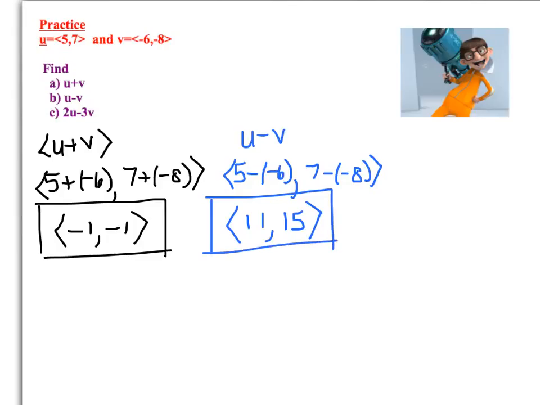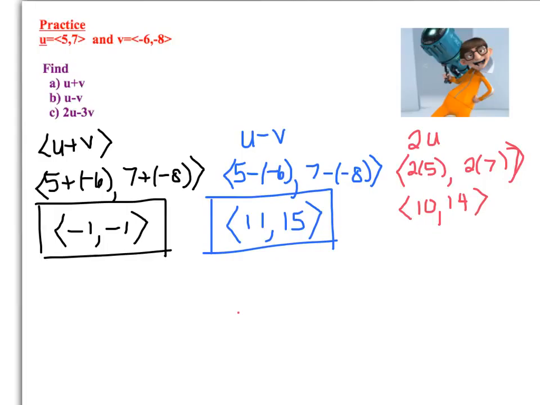Now we're going to combine a few pieces of the scalar multiplication. The first thing I have to do is find 2 times u. To find that vector, it's 2 times the x value, comma, 2 times the y value. So this vector 2u is going to be (10, 14).